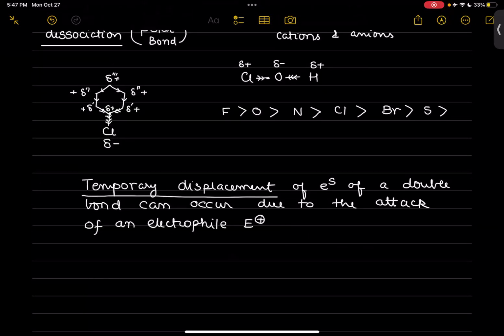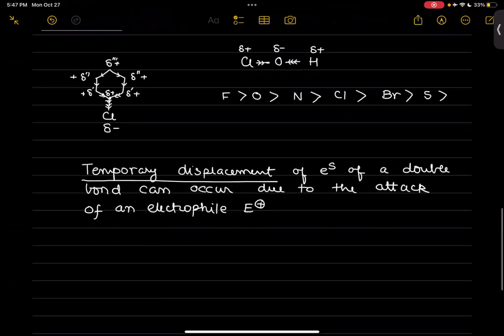Temporary displacement of electrons can also happen in the presence of some external reagent. Temporary means that it is not permanent, that it occurs because of the presence of some other group.